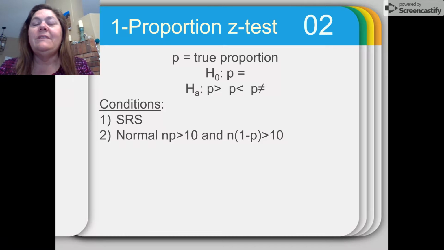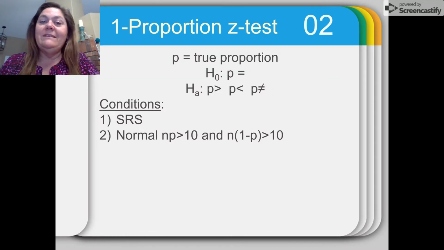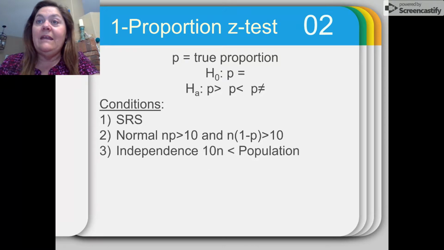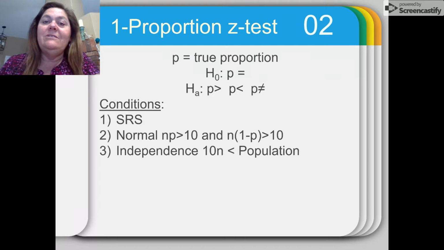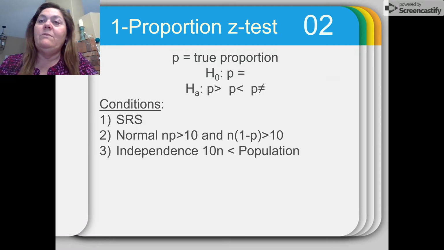So you have to go back to np and n times 1 minus p being greater than 10 in order to assume normality of the data. And then, of course, independence, same thing, 10n is less than the population. These look pretty familiar to you. Same exact conditions for the confidence interval for proportions.